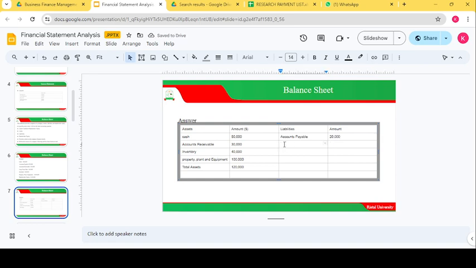We also have long-term debt, which we were given as 50,000, and then our total liabilities. Total liabilities are 70.